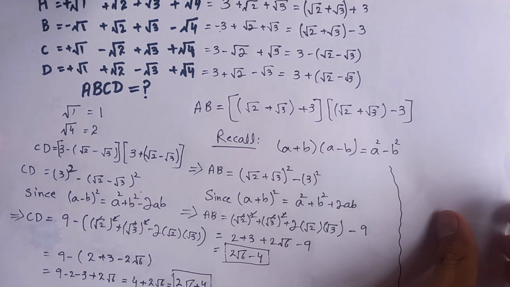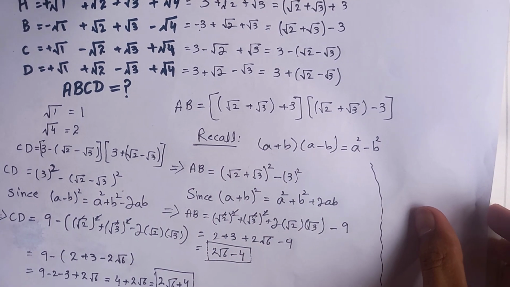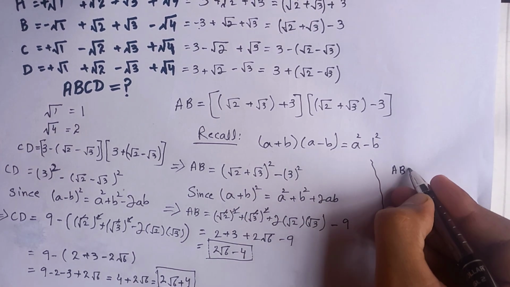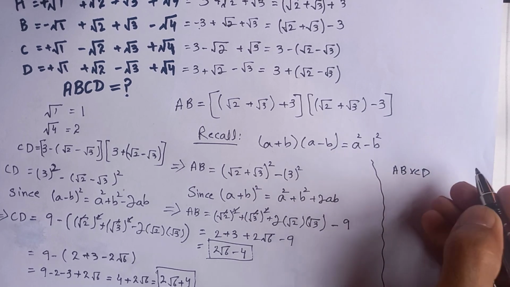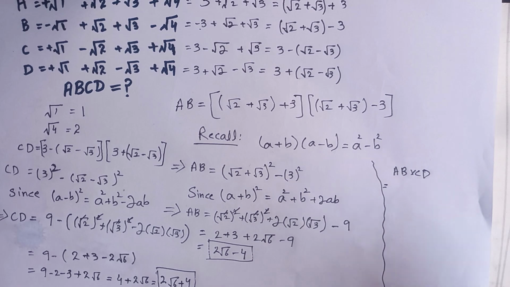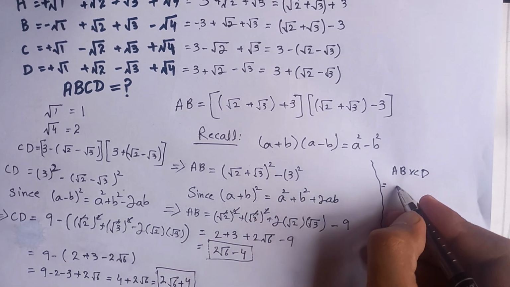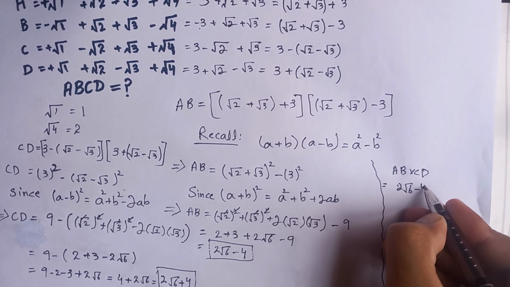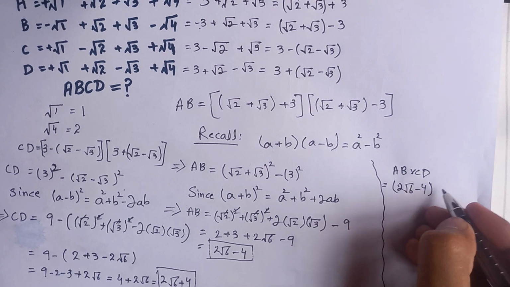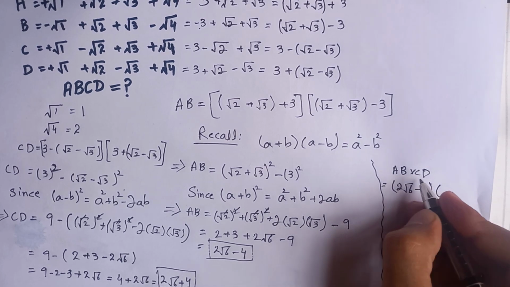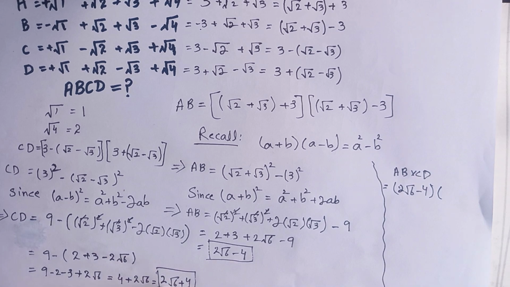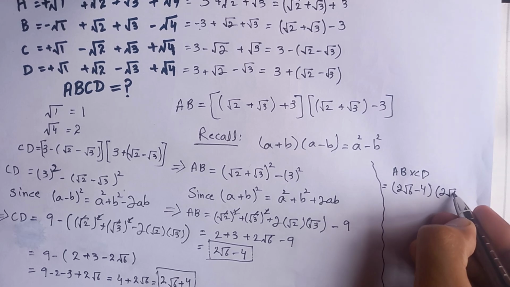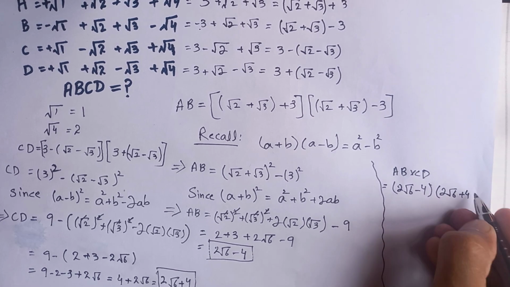So the product ab times cd will be equal to: the value of ab is 2 square root of 6 minus 4 times the value of cd, which is 2 square root 6 plus 4.